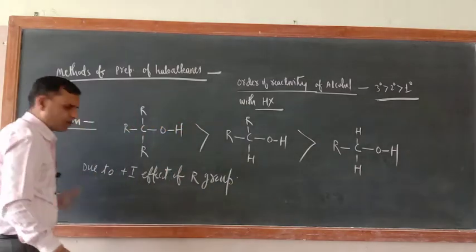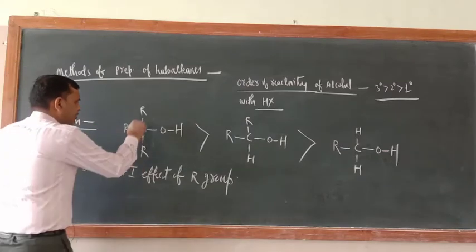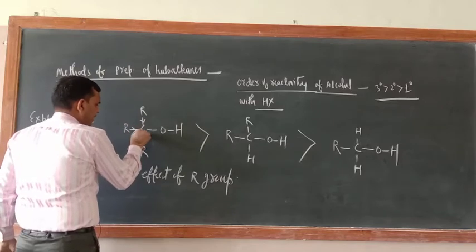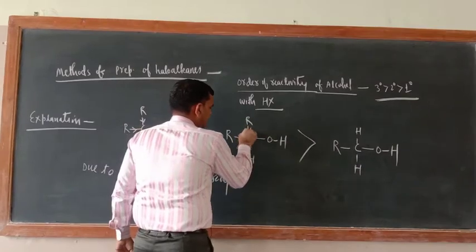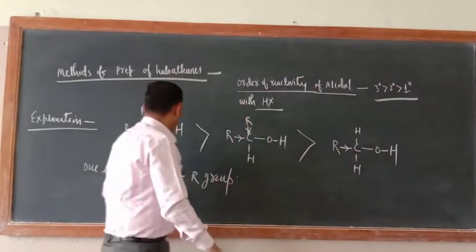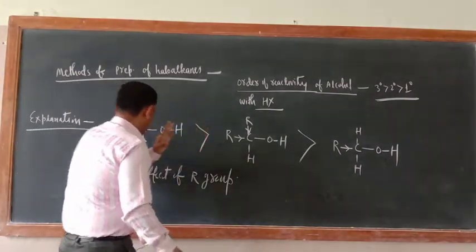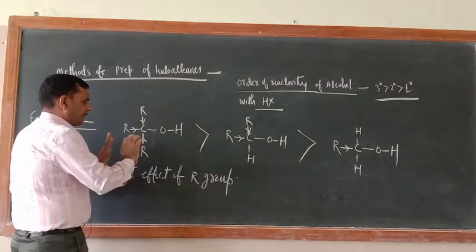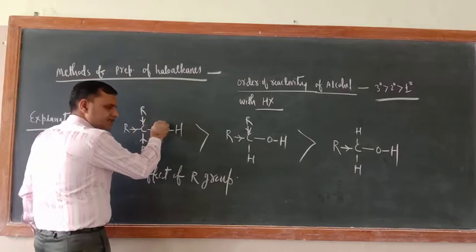Now just see, in the 3 degree alcohol case, 3 R groups are there. Here 2 R groups are there. Here 1 R group is there, okay. Here 3 R groups, here 2. So now just see, in the earlier case, before R, this was positive and this was negative.